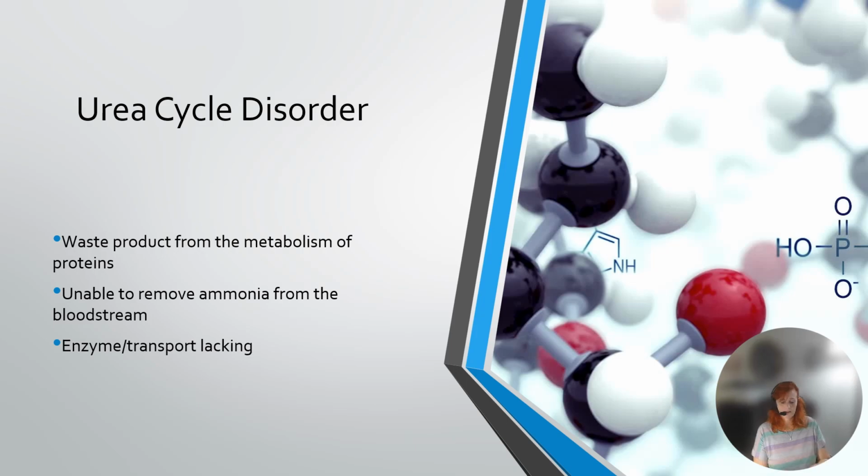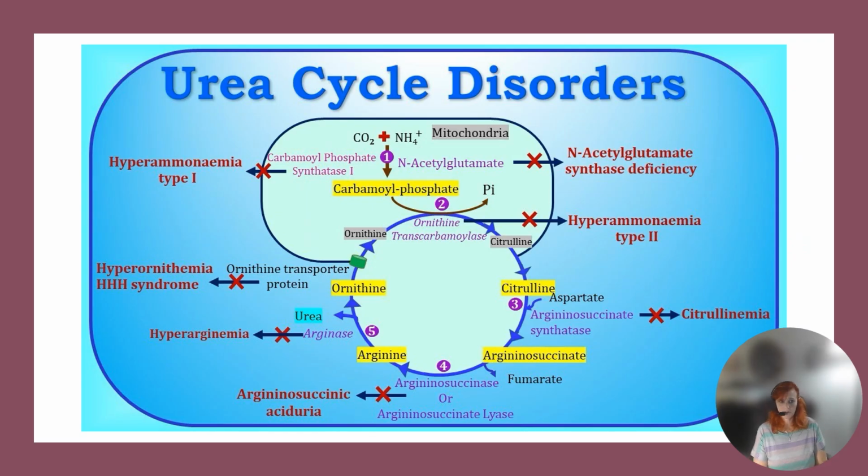The reason is, on this slide, you can see we have variants. I know this is a very complex slide, but if you look at all of these, you have the different types because you could be missing an enzyme in any part of the cycle.